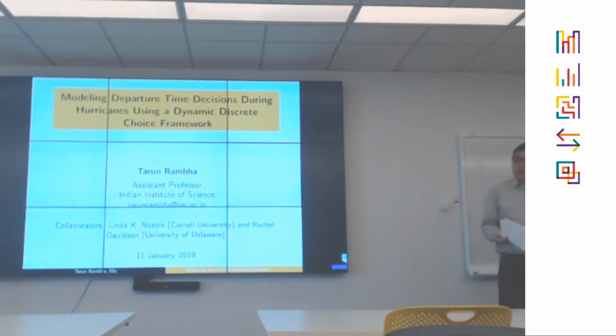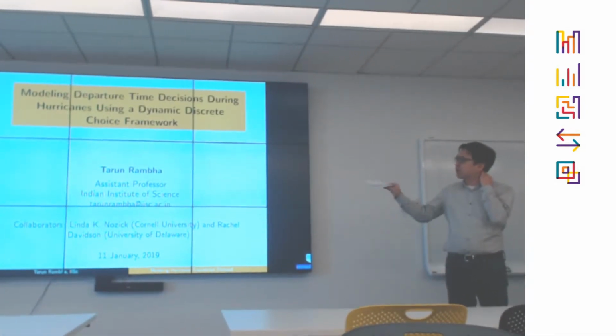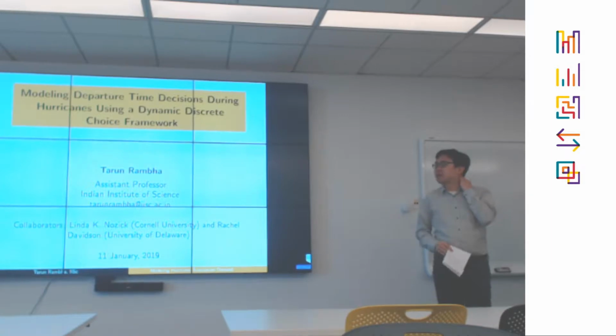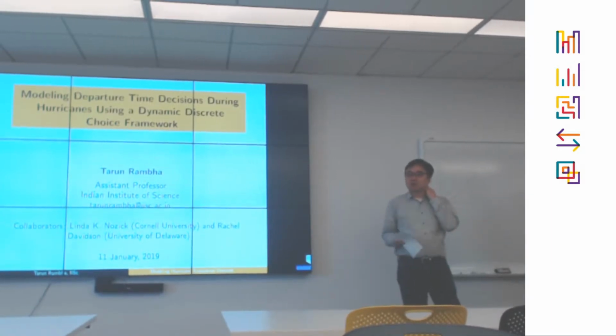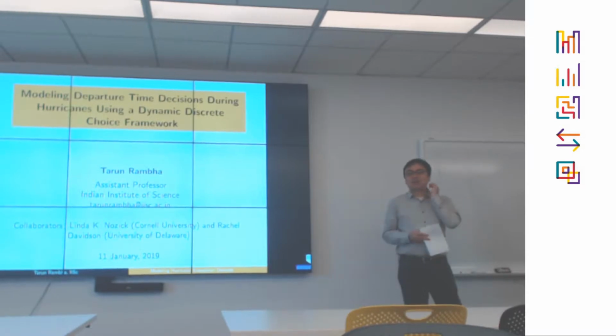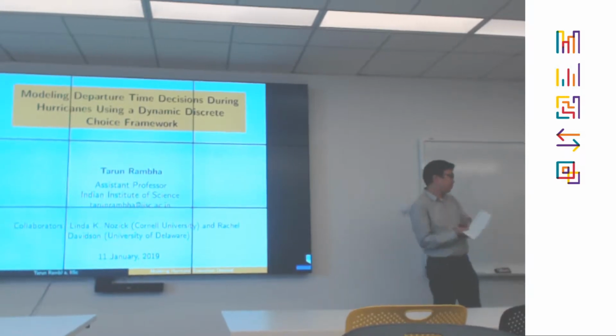And also did a postdoc at Cornell with Lindsay Mildred and with Richard Davidson at the University of Delaware. Okay, so his talk today is related to the work that he did with them during his postdoc in terms of hurricane evacuations. I think we have a lot of interest in that topic area being in New York City. So let's welcome him.